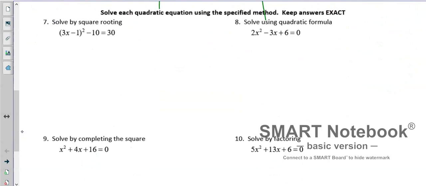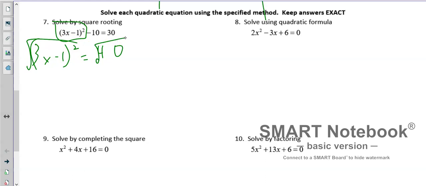All right, solve by square rooting. I need to get the square root alone, so 3x minus 1 by itself by adding 10. Now, the opposite of squaring is the square root. That's going to give me 3x minus 1 equals the square root of 40. Technically, we're doing plus or minus because we're solving. We're looking for magic numbers that go into 40. That's going to be 4 times 10.